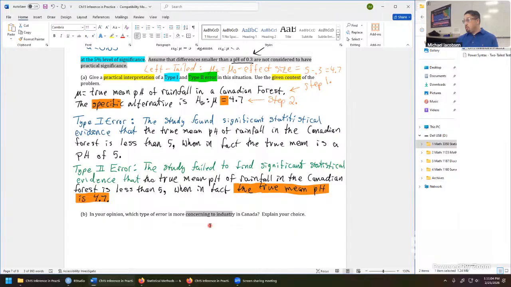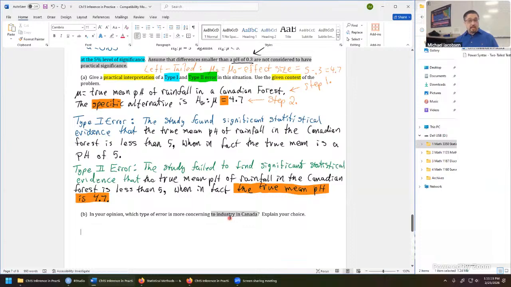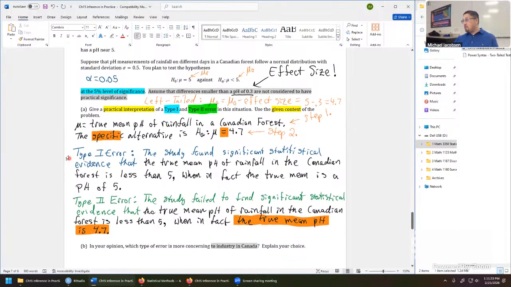That might be really big issues to the average Canadian. But if we're talking more specifically about industry in Canada, if it's just those folks, and we're not too worried about the average Canadian citizen, one of these is definitely worse than the other. Now let's think about what happens in, say, a type 1 error to work through this.